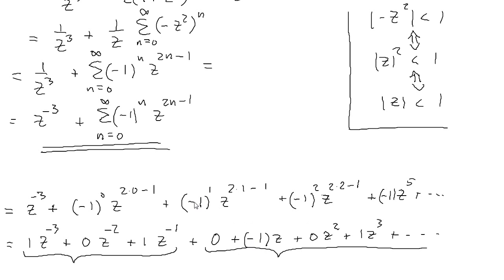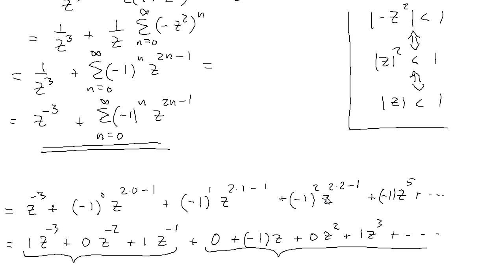Then next we obtain this term, which is just z to the power of 2 minus 1, which is equal to 1, so it's just z. So here we have this A1 coefficient. This is the A2 coefficient because there are no terms in this expression where we have z to the power of 2.